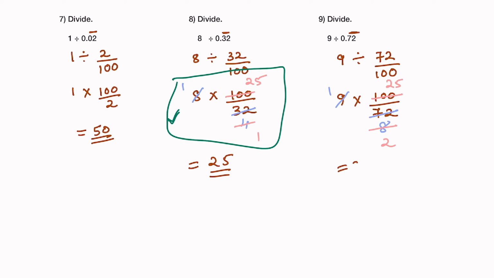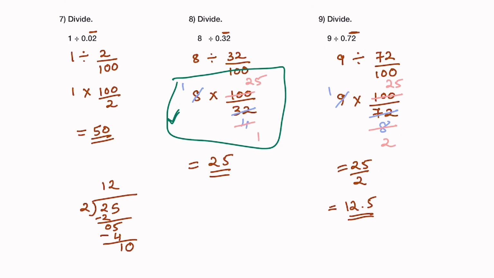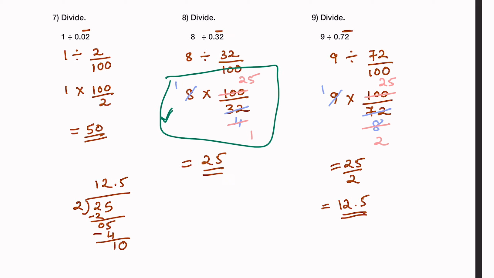So we have 25 upon 2. It's easy to divide, right? Because we know 2 times 12 is 24, right? So that's 12.5. You can confirm it here. 25 divided by 2, that's once, that's 0, then 5, that's twice, so that's 4. One remainder, we put 0, so that's 0.5, right? Let's go to the next ones now.